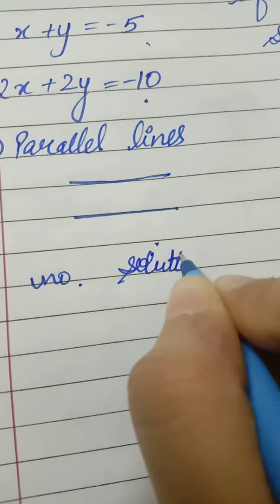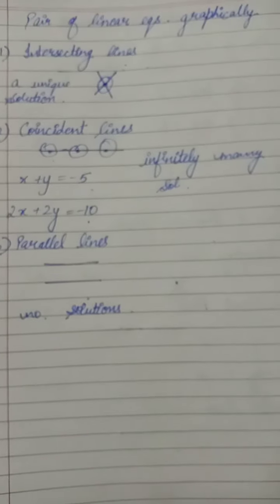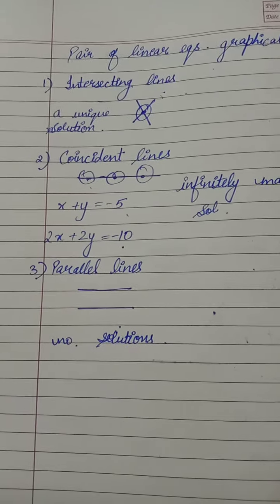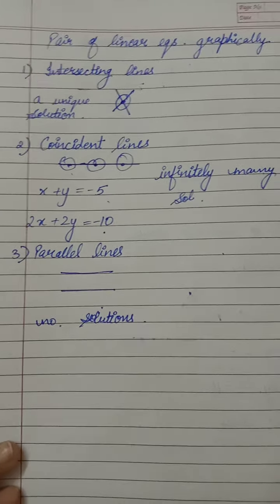So these are the 3 pairs of lines that represent the linear equations graphically.